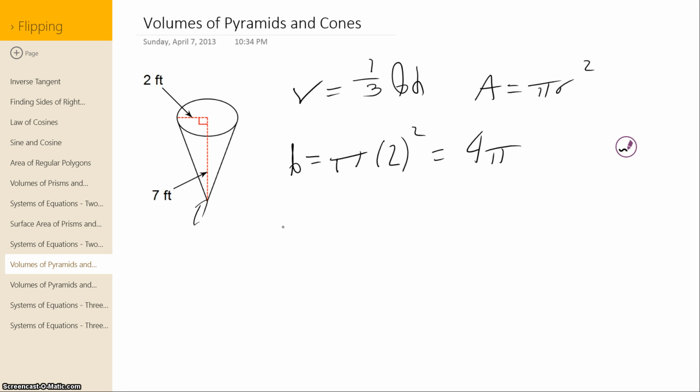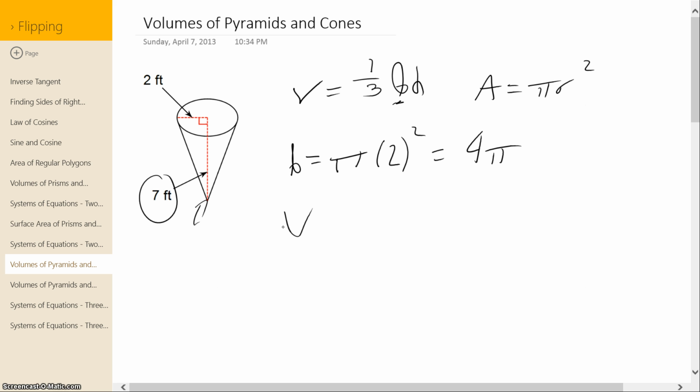Okay, so we've already got our base. All we need now is our height. Height, right here. Volume is going to be 1/3. Equals 1/3 base, which we said was 4 pi, times height, which is 7.